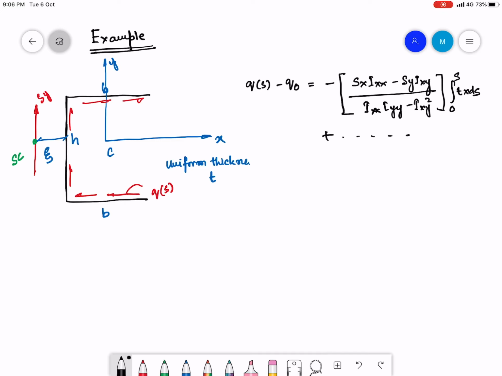So once I know Sx and Sy, I can find out Qs along the cross section. Now what is going to happen?